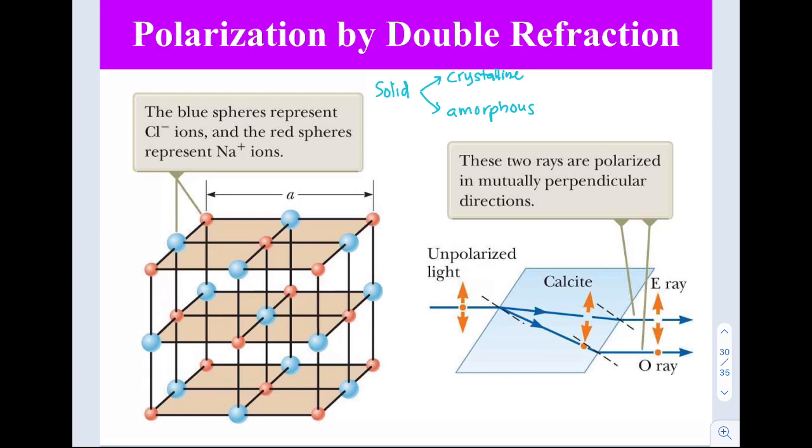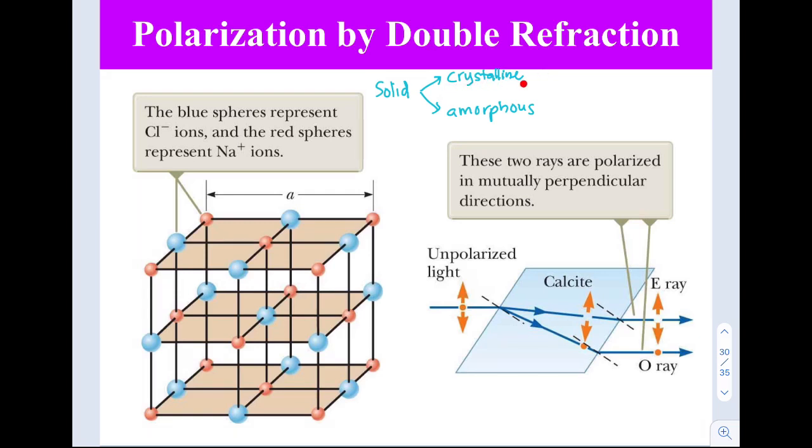So what is the effect of these two different internal structures? When light passes through a solid with a crystalline internal structure, the speed of the light is not the same throughout the material in all directions. The speed is different.